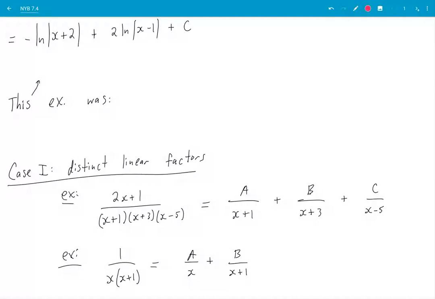Here are two more examples of just the decomposition. If you got three terms or three factors, then you get A, B, C over here, of course. X on its own counts as a linear factor. So X gets its letter along with X plus 1 getting its letter.